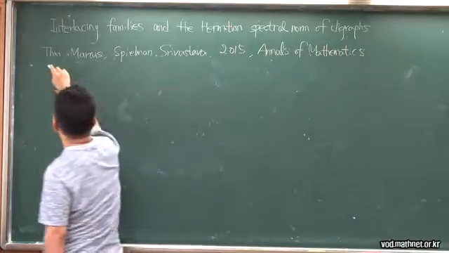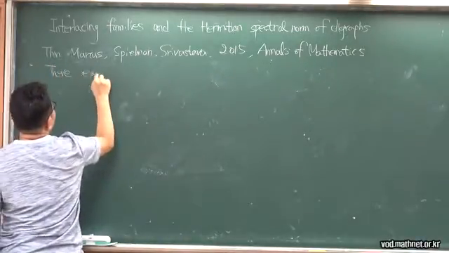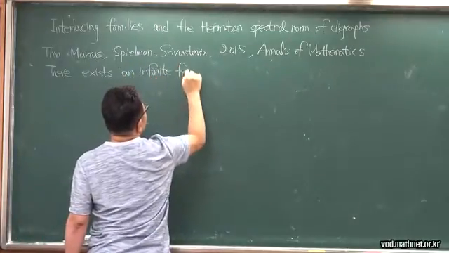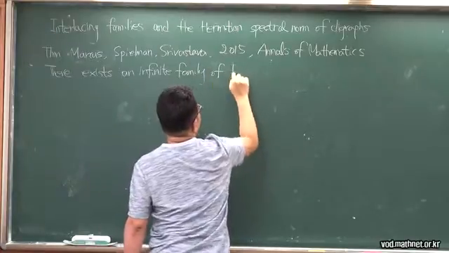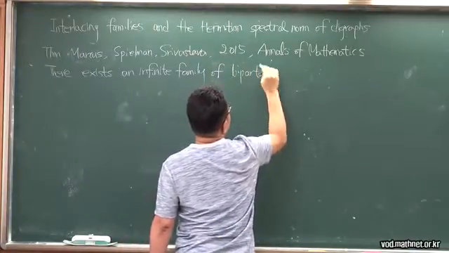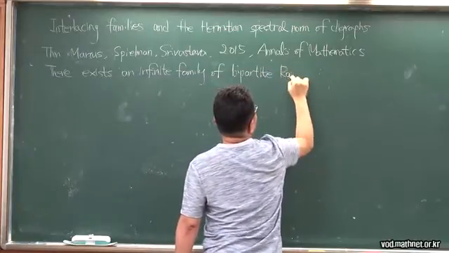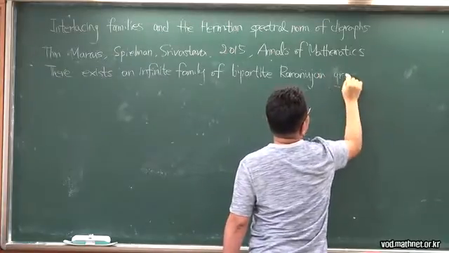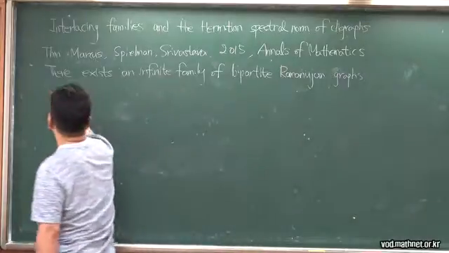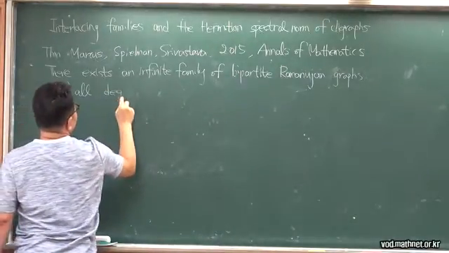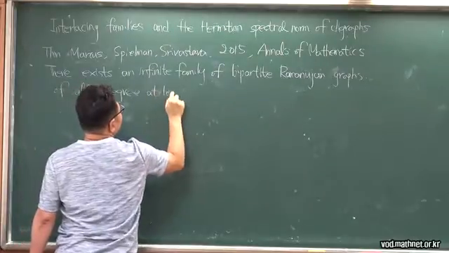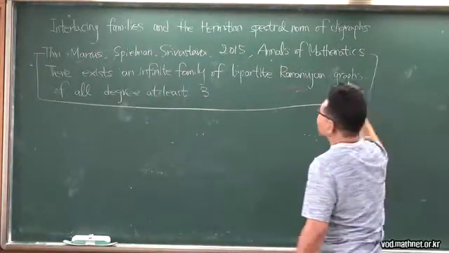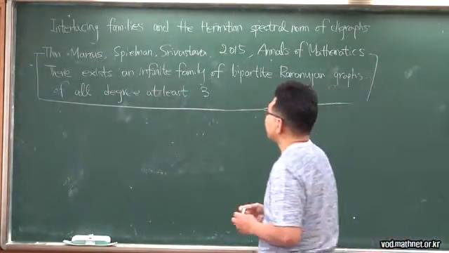They proved the existence of an infinite family of bipartite Ramanujan graphs of all degrees at least 3. What do you mean by all degrees? Minimum degree? No, all degrees.